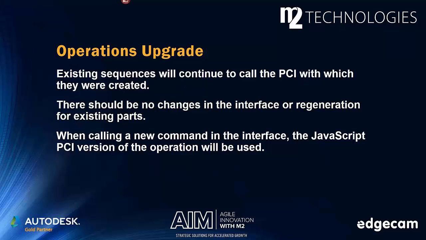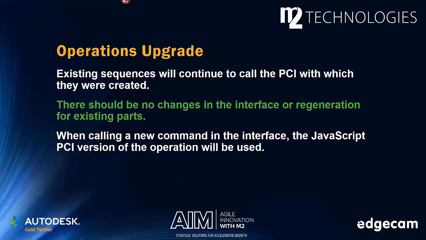So I want to mention, there is an impact on existing parts. For a file you saved in an older version of Edgecam, it's important that the toolpath continue to build the way that the user has left the proven part, and that will happen. Existing machining sequences will continue to build the operation using the type of operation that was built when the file was created.